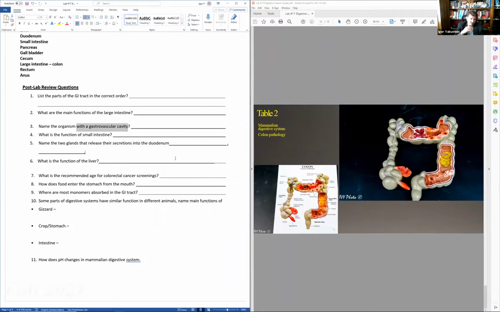Somewhere from 45 to 55, whichever age you decide to. Of course, if you have a family history of some sort of colon cancer or anything like that, you probably want to do it a little bit earlier. And right now there are actually several tests where you don't have to do that rather invasive procedure.